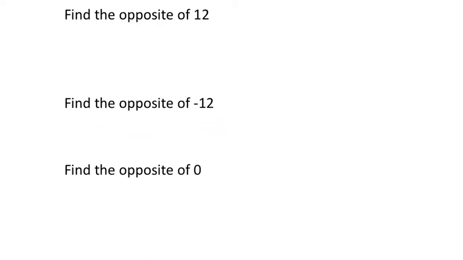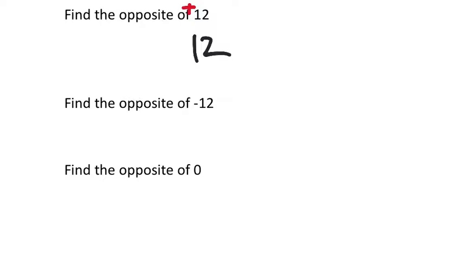Okay. So in this first example, find the opposite of 12. Again, the number itself does not change. I would keep it as 12, but this one would be positive 12 because it's not showing the sign. Like we've seen before, we don't usually show positive signs with positive numbers.